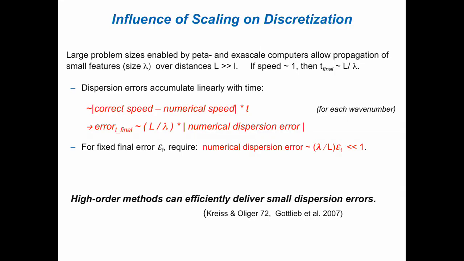My data is not that good, okay? The bottom line is you need 10 to the minus 2 in your final answer, right? And by this argument, that says your numerical dispersion error has to be 10 to the minus 5th. And when you have 10 to the minus 5th, you're definitely on the asymptotic part of the convergence of these numerical methods, right? You're well into where the Taylor series terms are rapidly diminishing, and that's where high order and low order part ways.